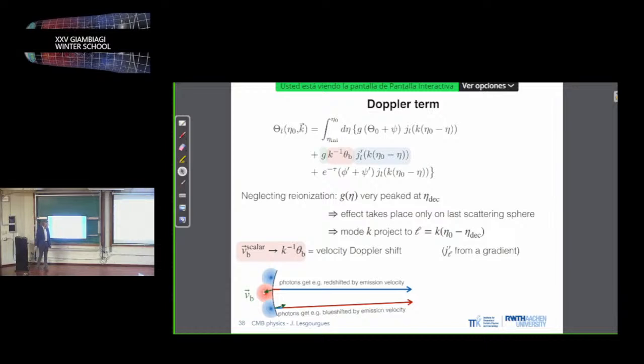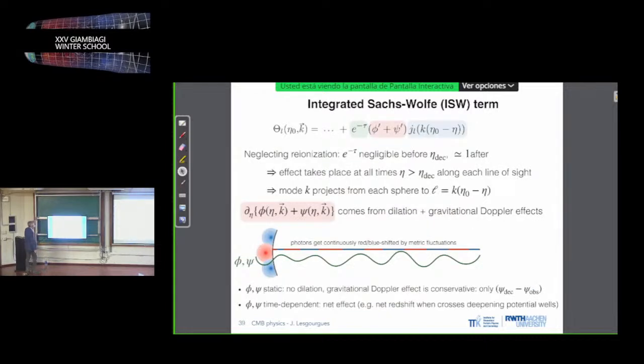And now the last line is also very interesting. In the last line, we see that our integrand starts not with a visibility function, but the exponential of minus the optical depth. If we compute the optical depth before decoupling, we have seen that it's huge. Cosmic fog is thick, and so exponential minus tau is essentially 0.